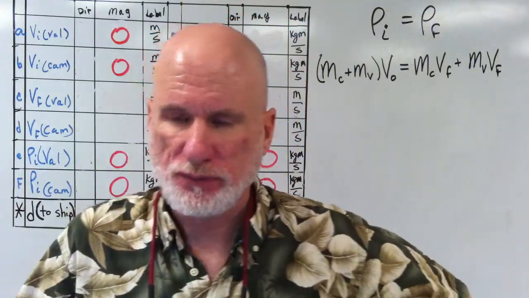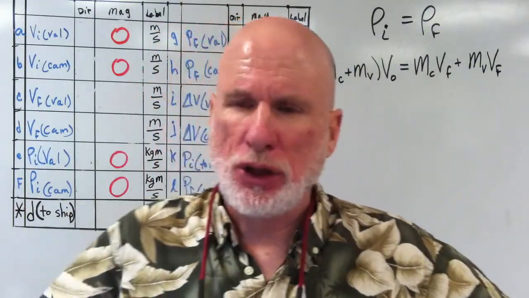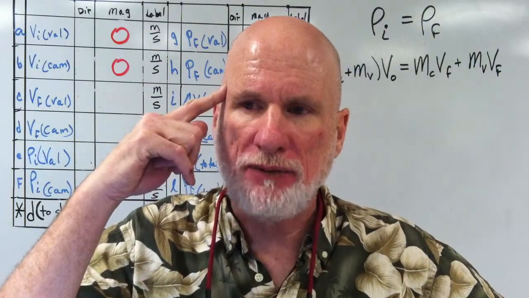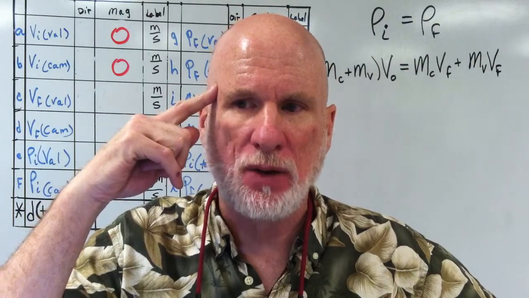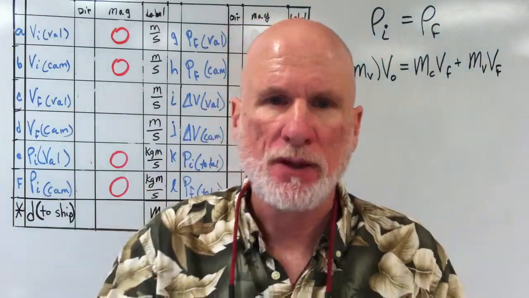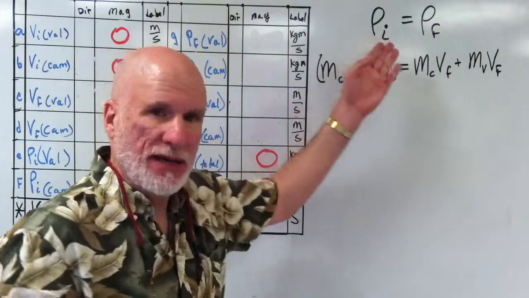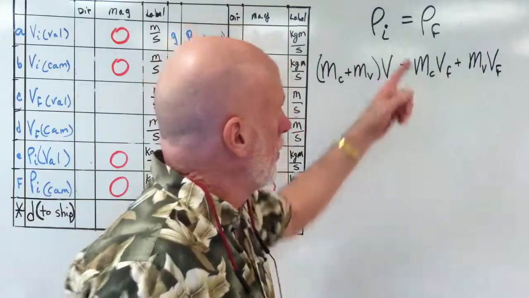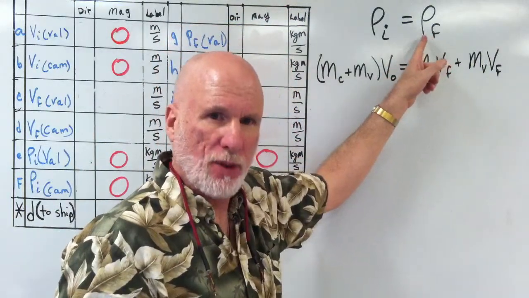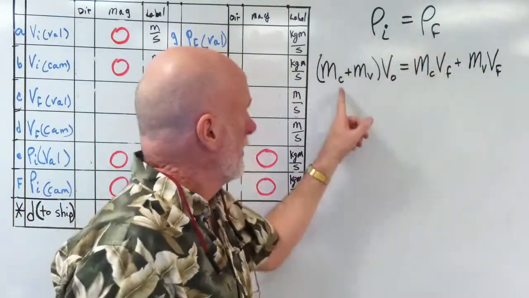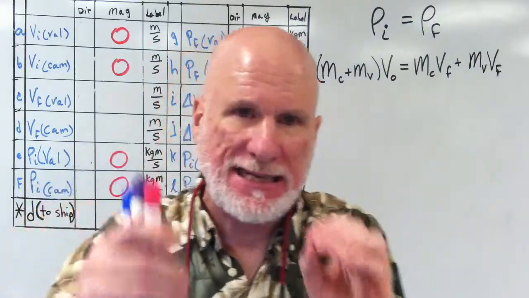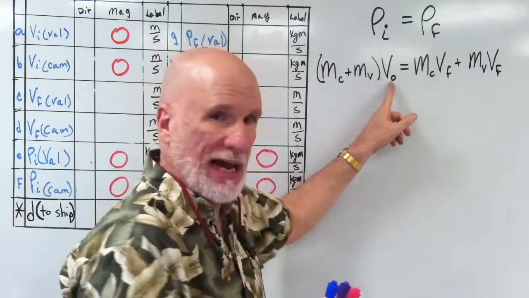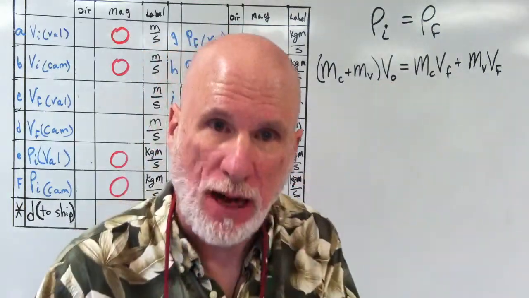Now, if that's true, because of the conservation of momentum, I know several things. The first thing I know is that the initial total momentum will equal the final momentum, and that the mass of Valentina and the camera that she's holding times their velocity, which is 0, is going to be 0.